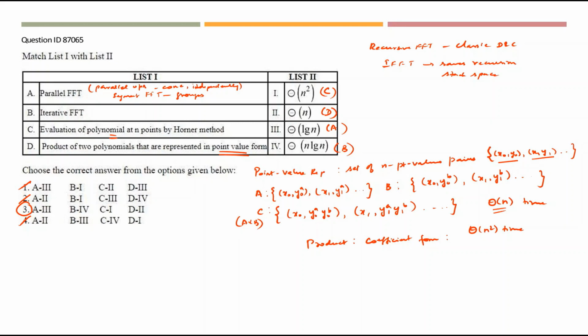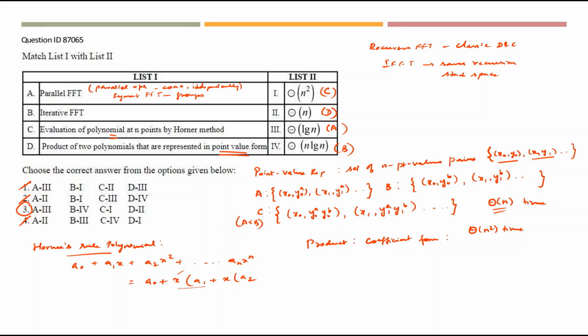Now a little bit of detail about the Horner method. We can say Horner's rule for polynomials. So what is Horner's rule? Let's take a polynomial a0 plus a1x plus a2x square up to an x power n. This will be represented as a0 plus x times (a1 plus x times (a2 plus ...)). When you multiply these two, you will have a1 into x.